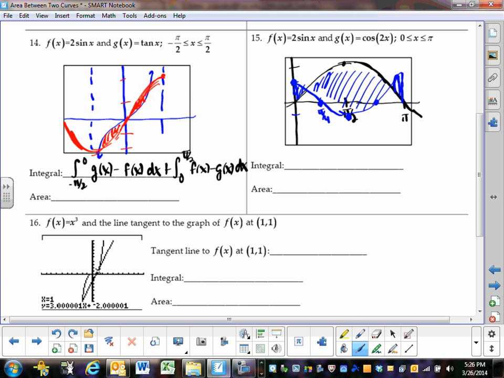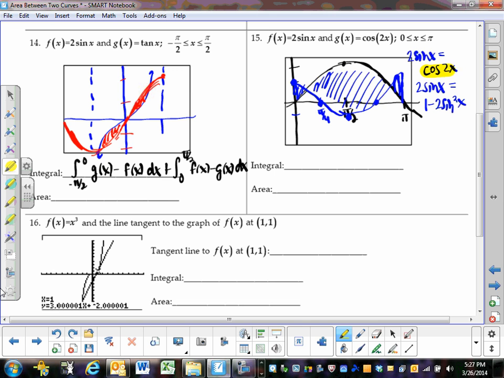Okay, so if we were to set these two functions equal, that would mean that 2 sine of x has to equal cosine of 2x. That means we need to use our double angle formula so that 2 sine of x is equal to 1 minus 2 sine squared x. So we're using the trig identity for cosine 2x that involves sine only.